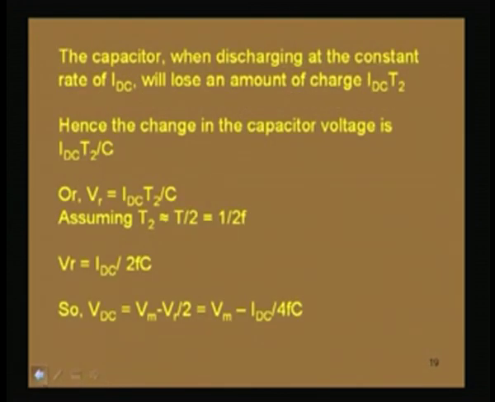Now, from this analysis basically we have seen different types of rectifiers, half wave rectifier, then full wave rectifier, then half wave rectifier with capacitor filter as well as full wave rectifier with capacitor filter.